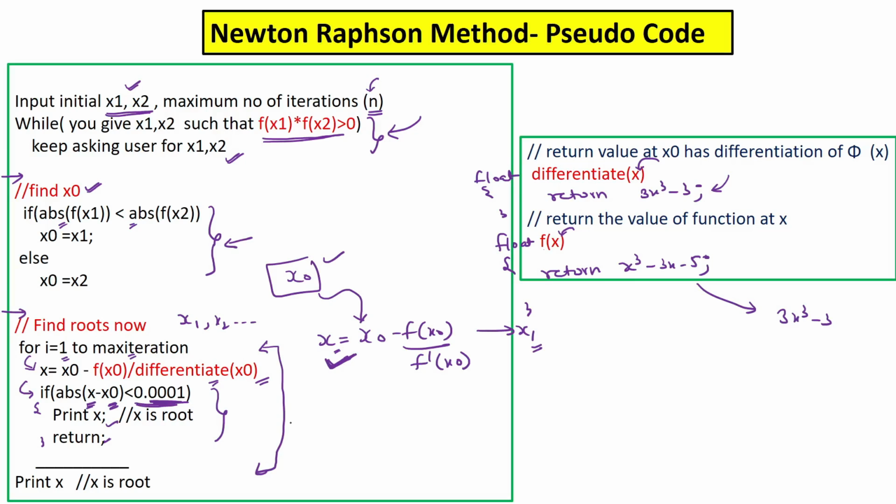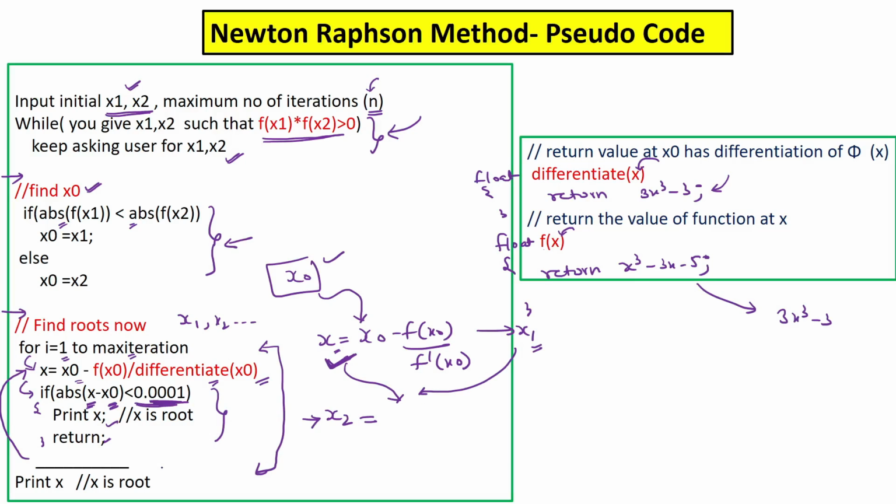Now we want to find x2. So we should go up again, and here we should find the new value of x. The new value of x will be like x2, but x2 can be found using this x, or you can say this x1.